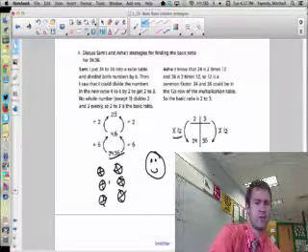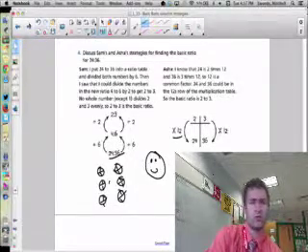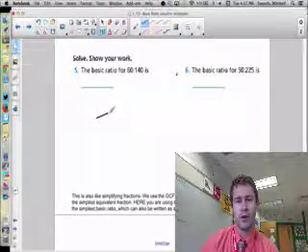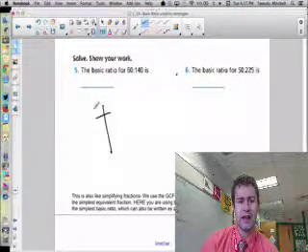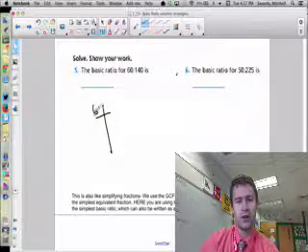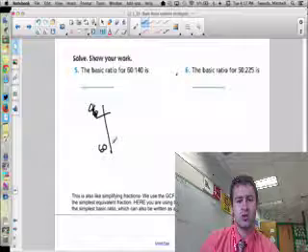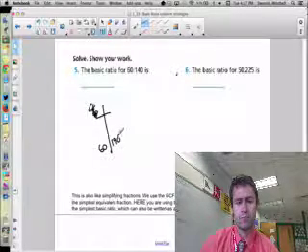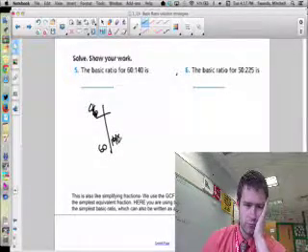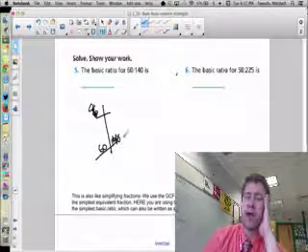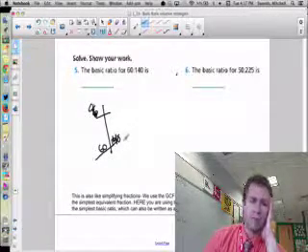Okay? So let's take a look at number 5. Basic ratio for 60 and 140. So here's what we're doing. 60 to 140 gives me my basic ratio. Okay, so I need to divide both of those by a number. I can divide by 10.